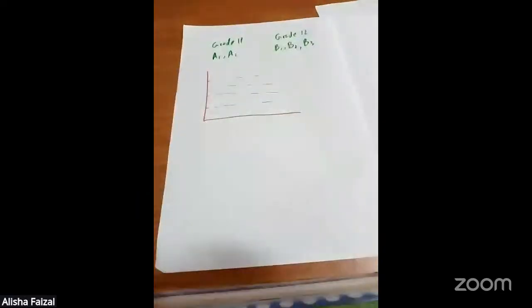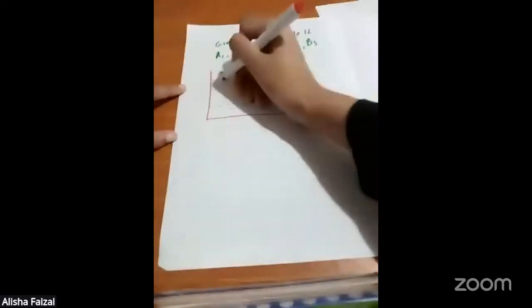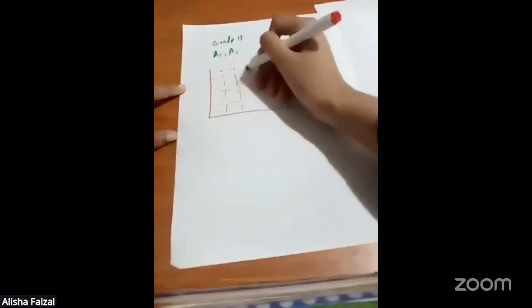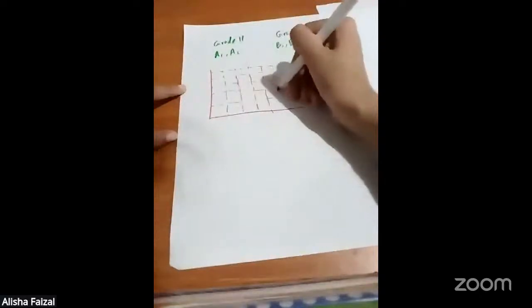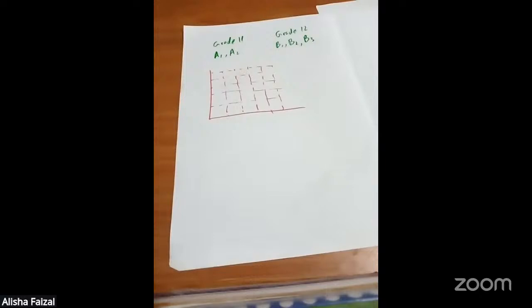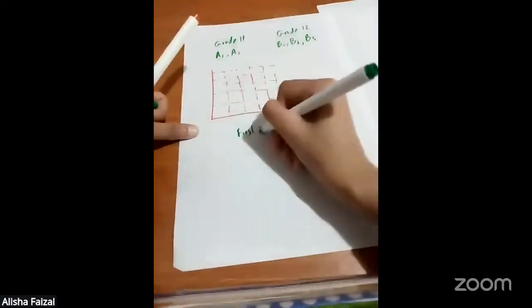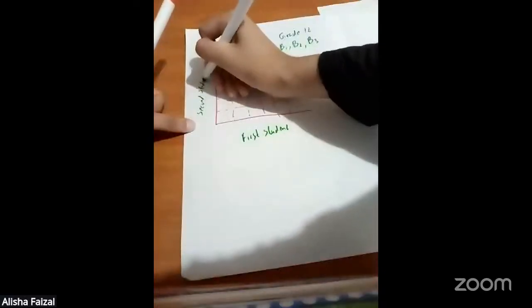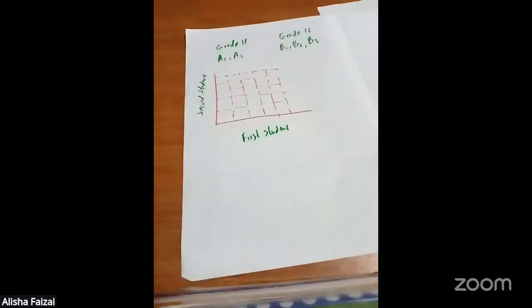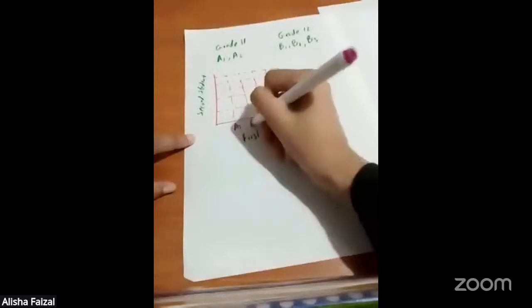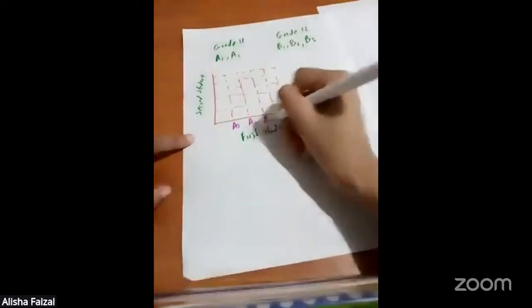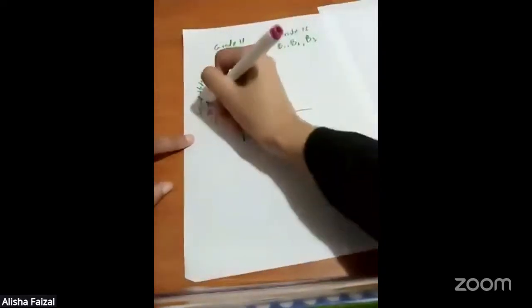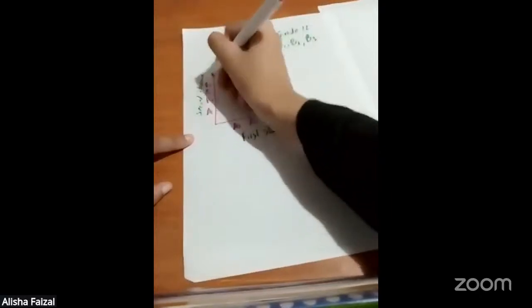Let me draw the grid. Here are 1, 2, 3, 4 and 5. The first student is the first pick and the second student is the second pick. The first student is A1, A2, B1, B2, B3, and the second student is A1, A2, B1, B2, B3.